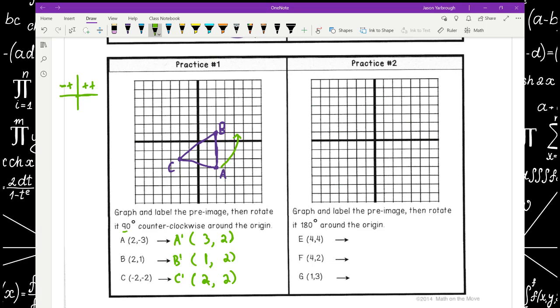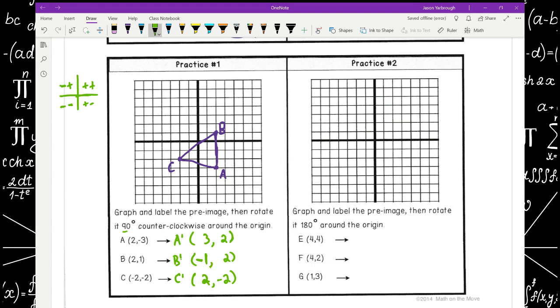So we're actually going to put the negative in front of the 1, but keep the 2 positive. We keep on going. The bottom left is negative, negative, but we don't have that. Then the other one is positive, negative. Notice C would move over to that one, to be positive, negative. So we're going to make the y value on this one negative.